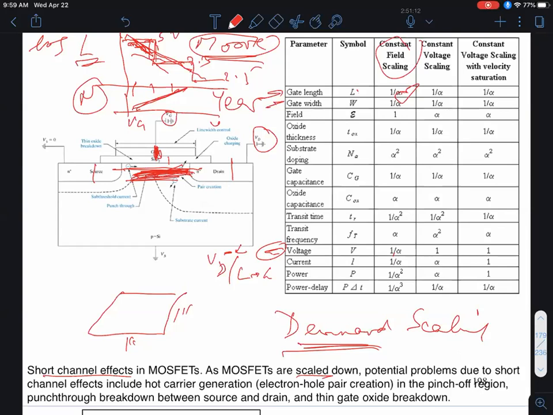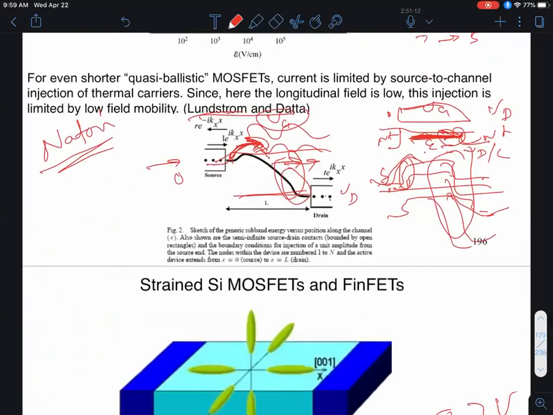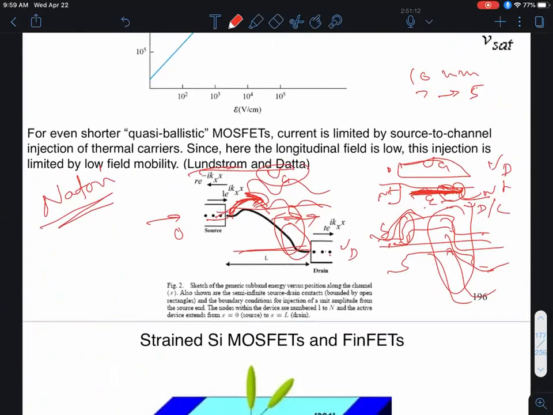If these electric fields keep increasing, when I inject a carrier from the source into the channel, it keeps gaining kinetic energy from the electric field along the channel. Say I inject a carrier from the source at this point. What is the kinetic energy of that electron? If it's at the band edge, it's close to 0.